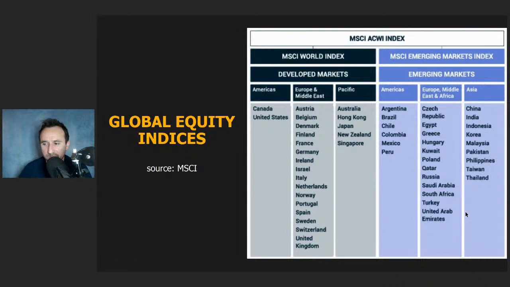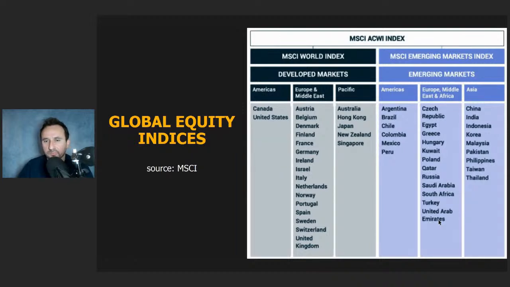There are a number of companies which provide us with indexes, but MSCI is one of the major ones, and in their hierarchy, the MSCI All Country World Index is on the top. Below you have smaller indexes. For example, you have MSCI World, which is all developed markets globally, and you have MSCI Emerging Markets.